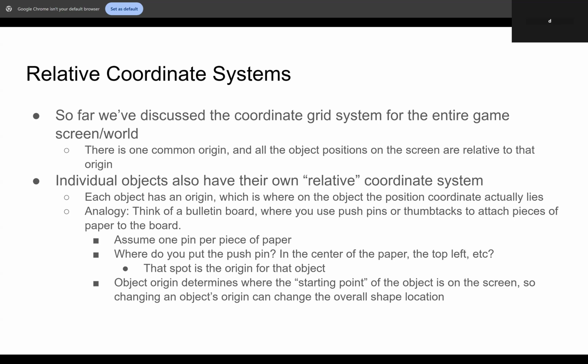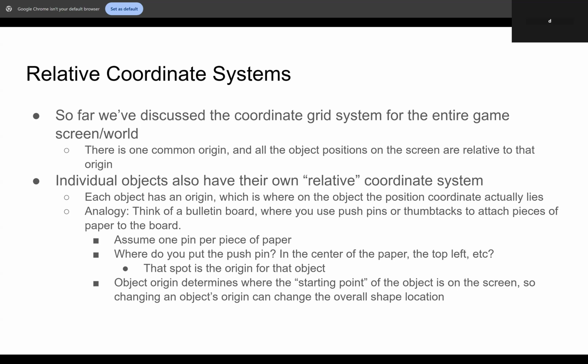There's one common origin for that screen, and all the objects on that screen are positioned relative to that origin, right? But you can also have individual objects that have their own relative coordinate system, right? What we mean by that is that each object has its own origin.